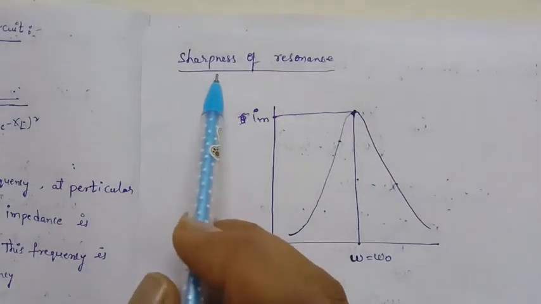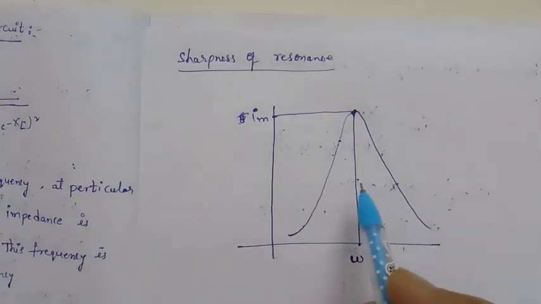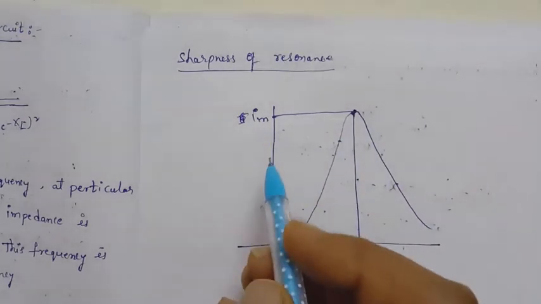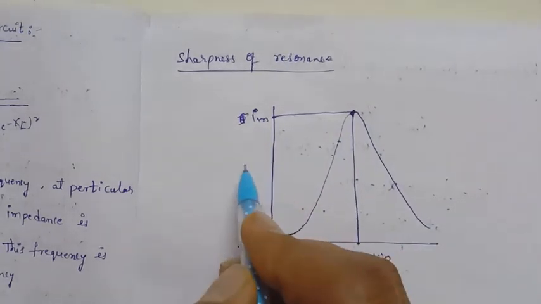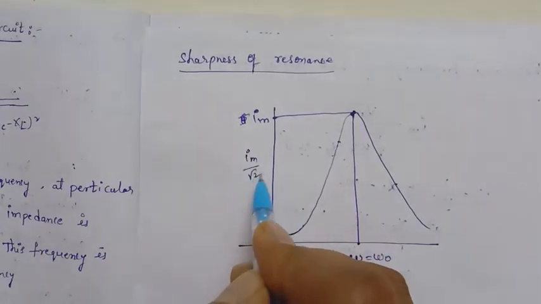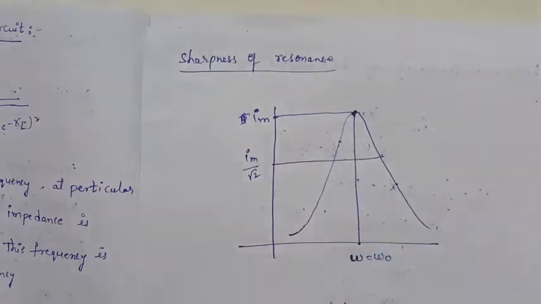So what is the sharpness of a resonance? It is the maximum current, and Im by root 2. At Im by root 2, we observe the bandwidth.